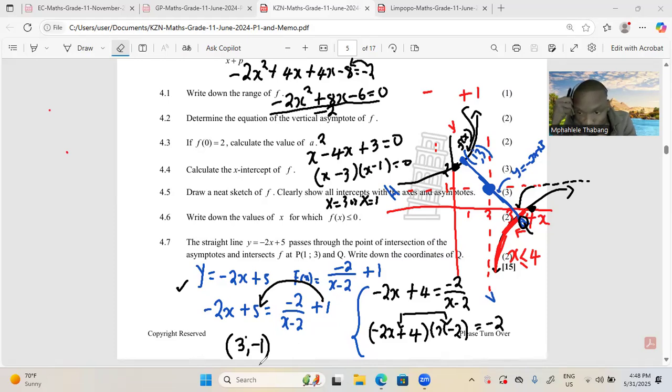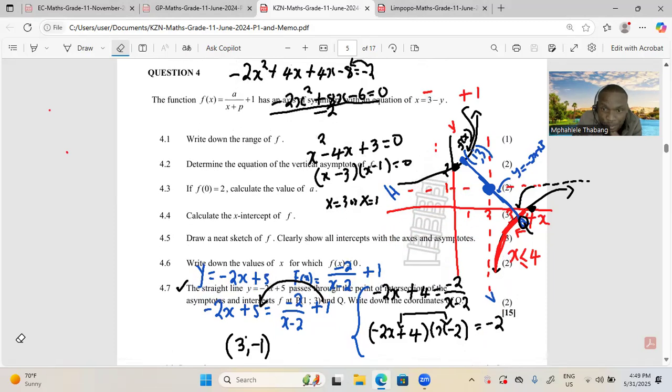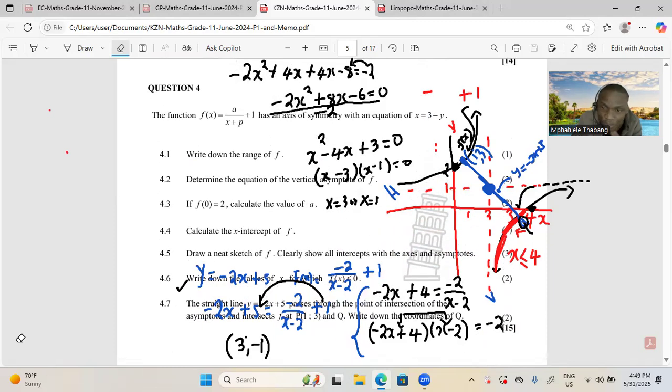What can I do? Or maybe y equals negative 2x plus 5 is the axis of symmetry. Let me check. It can't be. Actually, what am I saying? That cannot be the axis of symmetry.